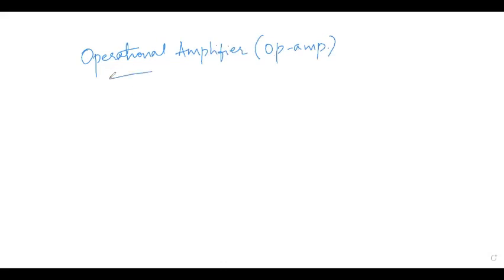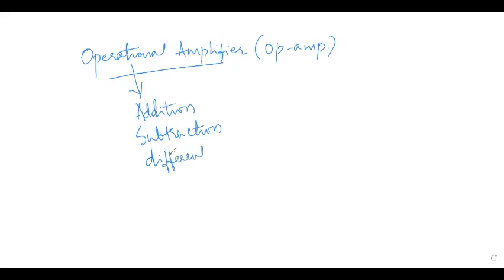So operational amplifier is a device which performs operations on the signals, certain operations like addition, subtraction, differentiation, and integration.